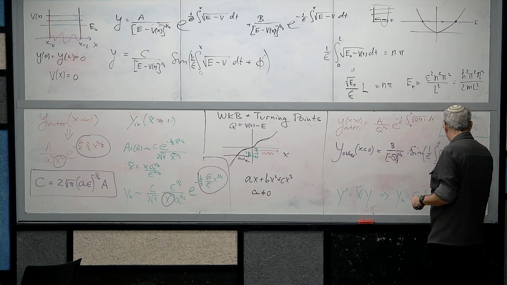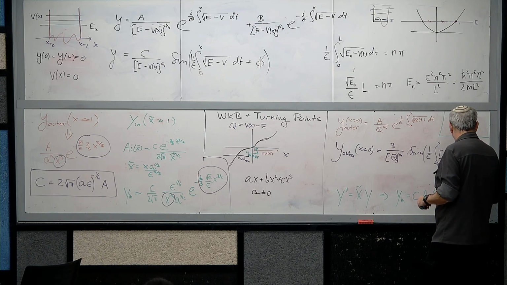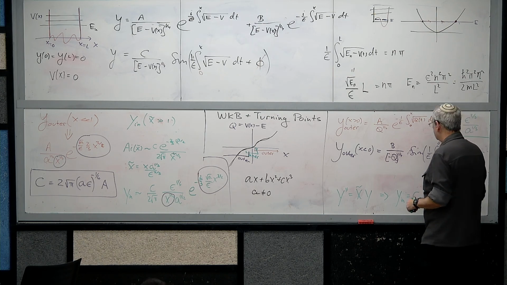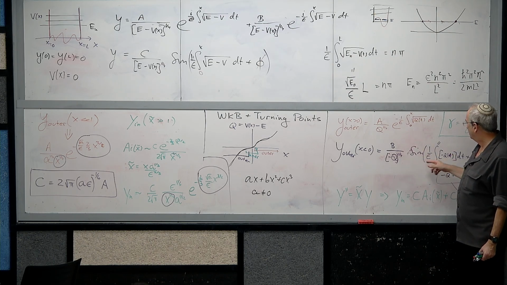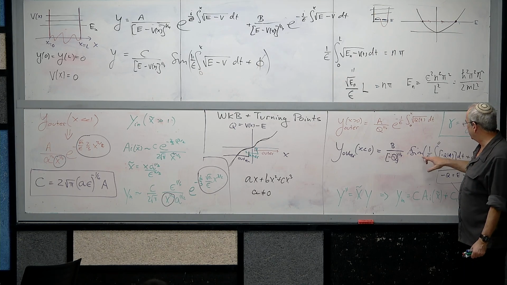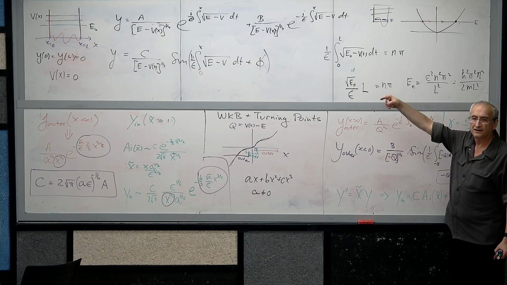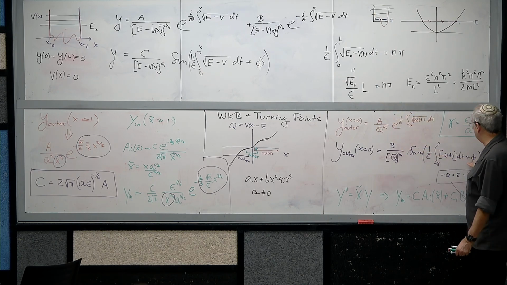Where again minus q is e minus v. This is the outer one. Where I used the freedom. I took the liberty, since I have e to the i something and plus e to the minus i something, to write it like that.